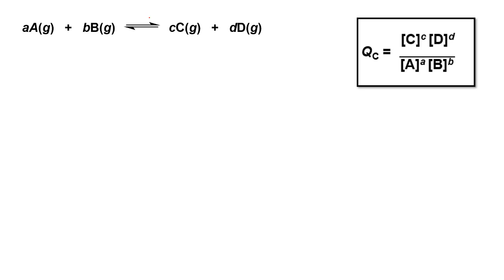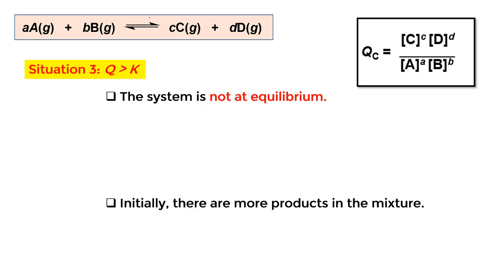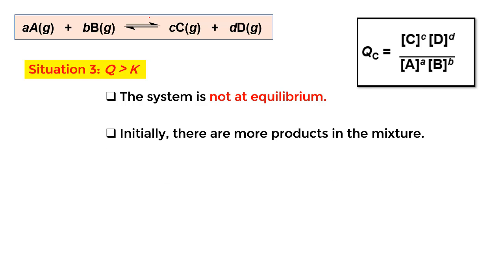Okay, next we have the third situation. If the value of Q greater or larger than K. So when the value of Q is larger than K, it shows that the system is not at equilibrium. Okay? So at this condition, there are more products in the mixture.